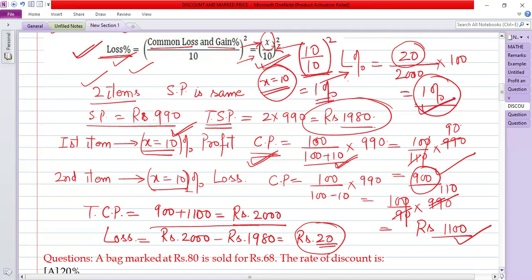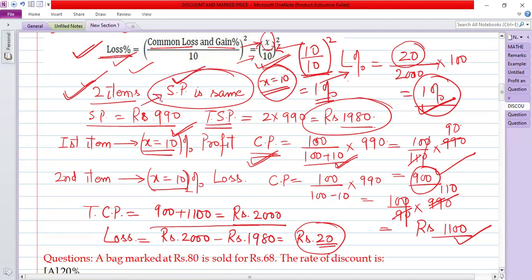Okay. So this is the formula, and as I already discussed, this is the base of such questions. What questions? That if the selling price is same for two items, please mind, selling price, not the cost price.